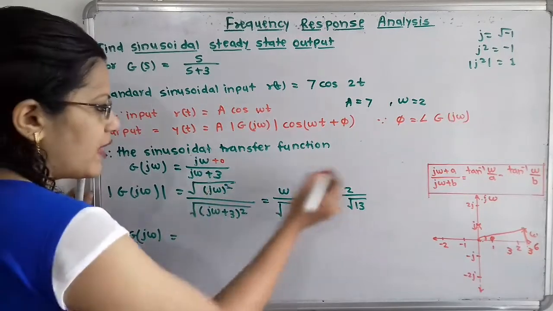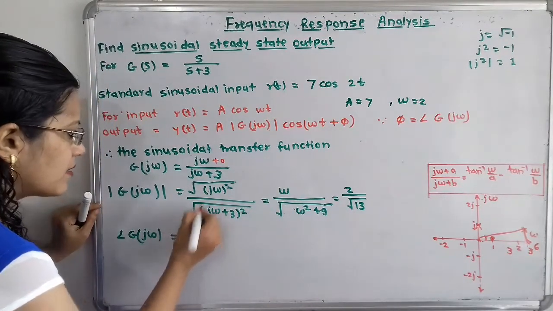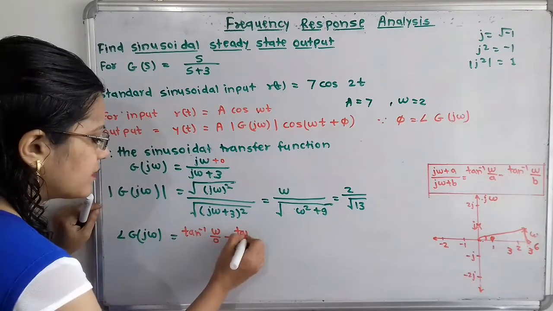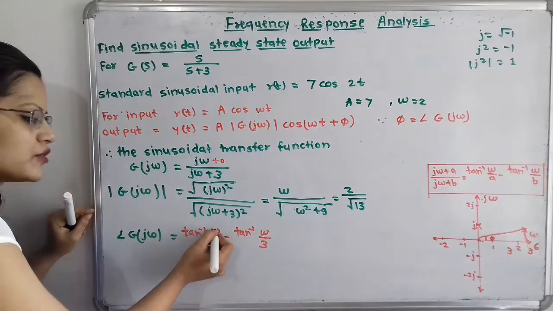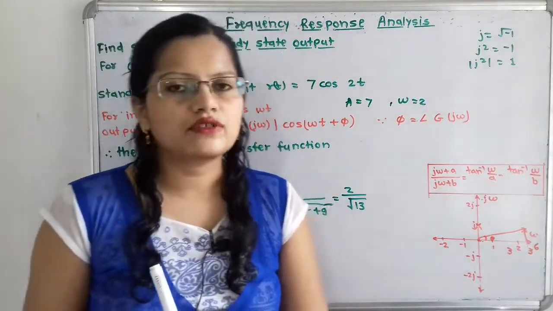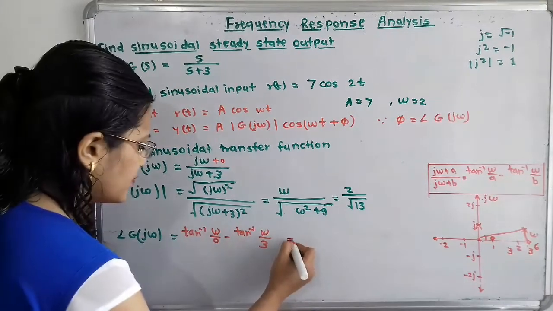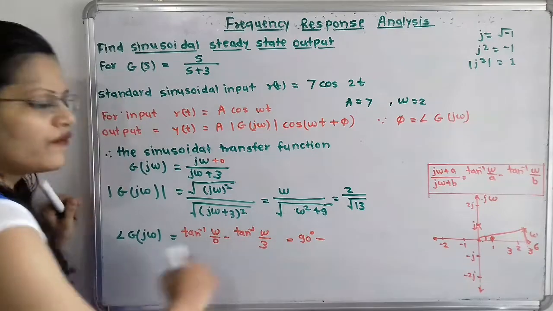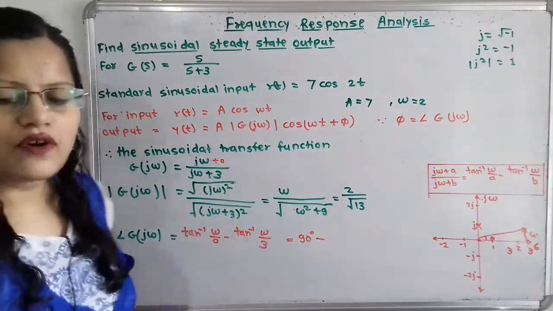Putting the values, tan inverse of omega divided by 0 minus tan inverse of omega divided by 3. Tan inverse of omega by 0 is infinity, and tan inverse of infinity is 90 degrees. So it is 90 degrees minus tan inverse of omega by 3. Omega is 2, so tan inverse of 2 by 3.